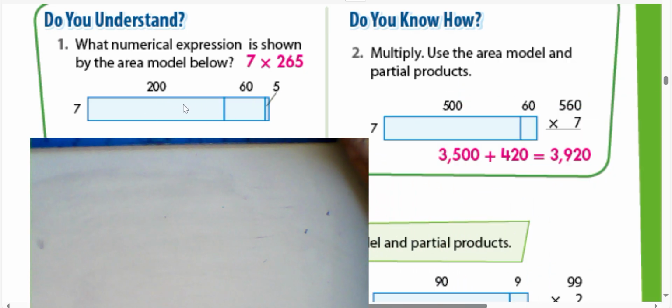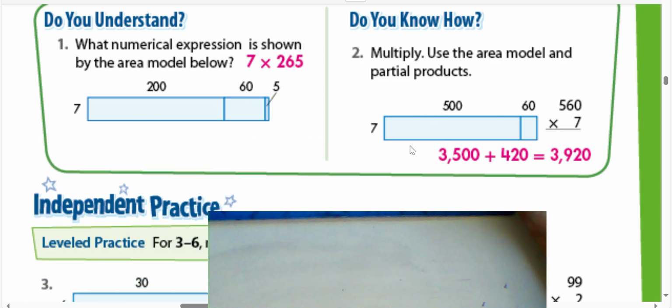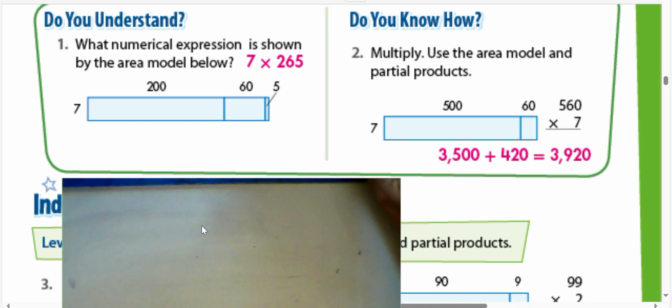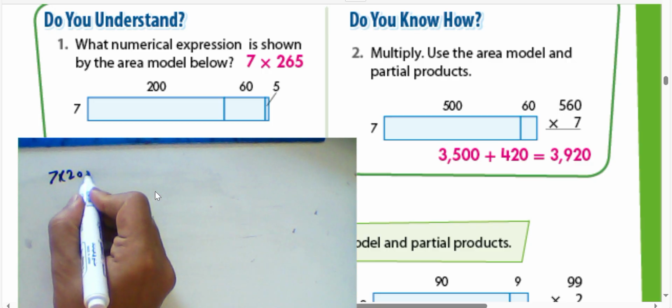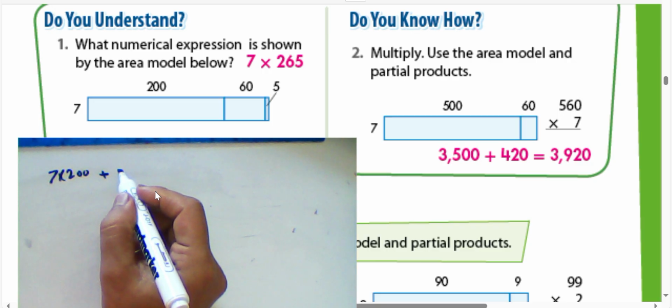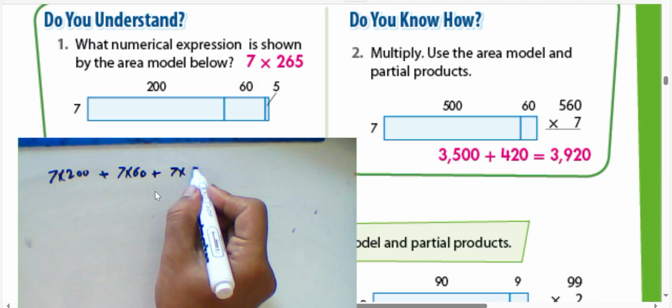We can use, like here, 265 by using the bar models and divide 265 into expanded form: 200 plus 60 plus 5. Okay, we can solve this here. 7 times 200 add to 7 times 60 add to 7 times 5.